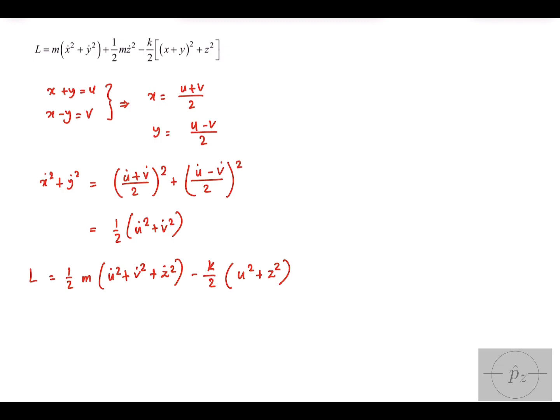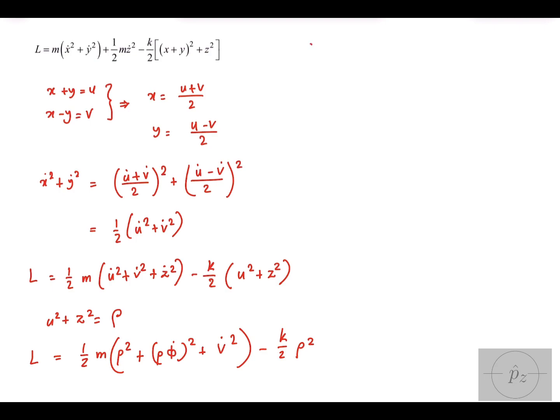We make another change of variable going to the cylindrical coordinate, where u squared plus z squared is equal to rho squared. The Lagrangian can now be written as half m (rho dot squared plus (rho phi dot) whole squared plus v dot squared) minus k by 2 rho squared.